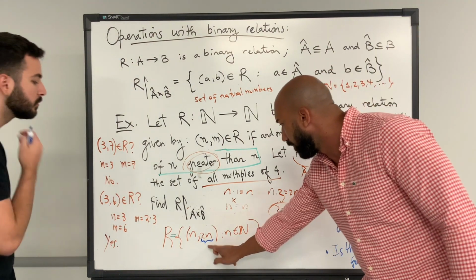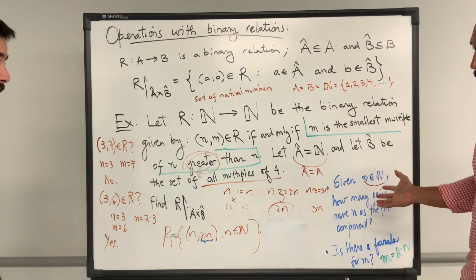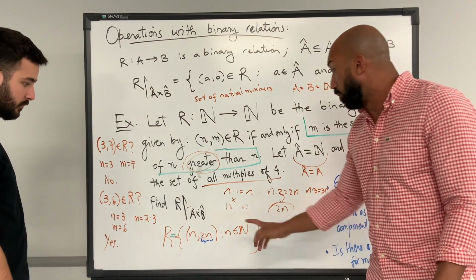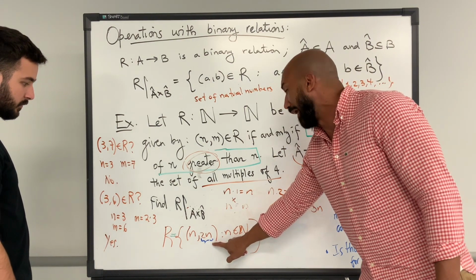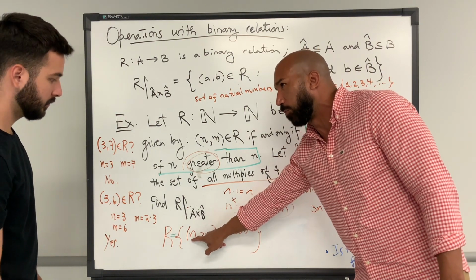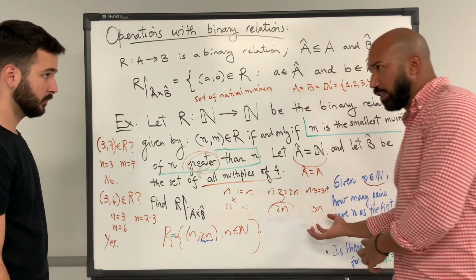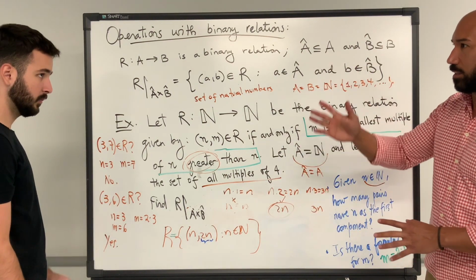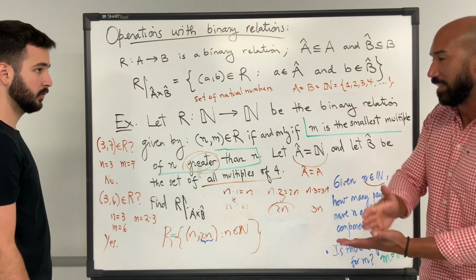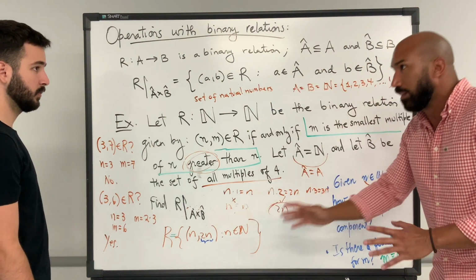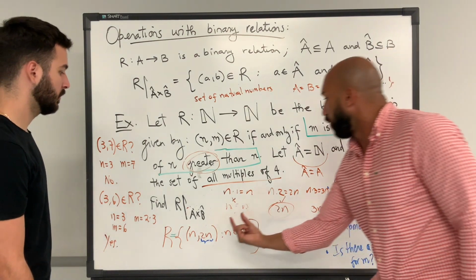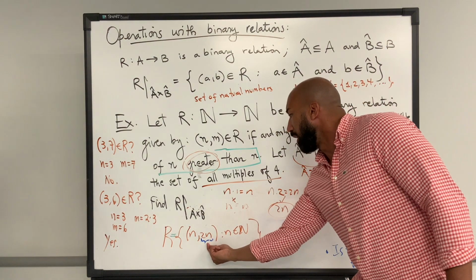Is that okay? So what do we have? The first component can be any natural number, but the second component has to be twice that first component, because we have reached the conclusion that the smallest multiple of n that is greater than n is twice that n. Yes or no? Yes. All right. Now, if we are computing the restriction, what do we need?